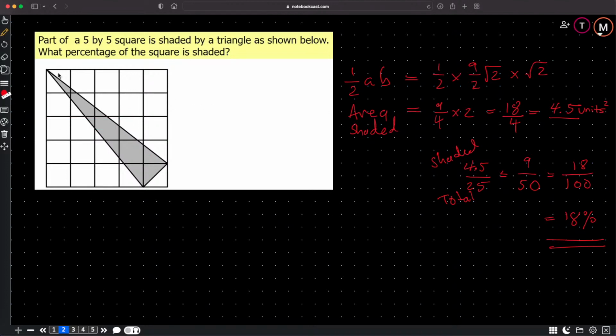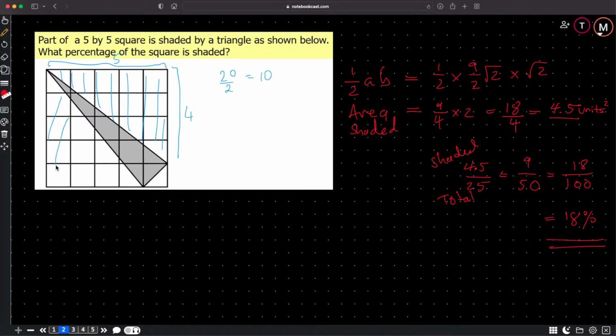So you could also look at the areas that are not shaded, which are slightly easier to work out. If you look at these triangles here, the lengths are 4 and 5. Same for this one. So those areas are going to be 20 divided by 2, or the length times the base divided by 2, which is 10.